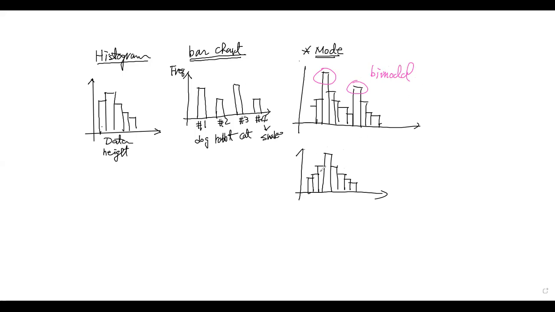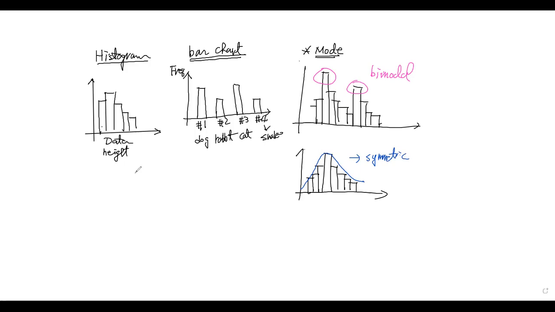The other one is symmetric or skew. If you put a curve on a distribution and the curve is symmetric to the center, then we call it symmetric.